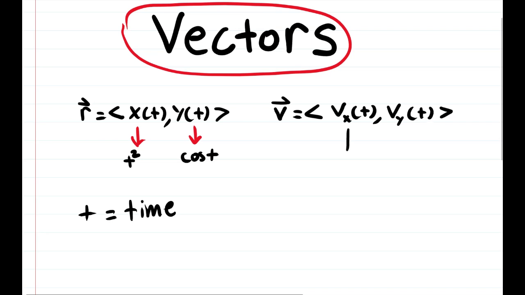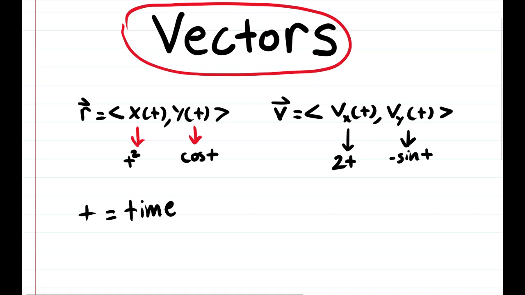Well, if we want to keep these vectors with the same object, you could say that this is the same vector, but it's talking about the velocity instead of the position. And if you've taken any physics class, you know that velocity is the derivative of the position. So you could say that the velocity in the x side is 2t, and the velocity in the y side is negative sine of t.